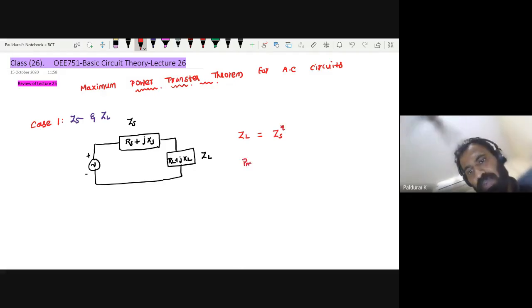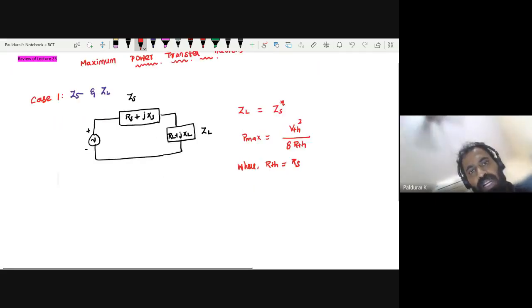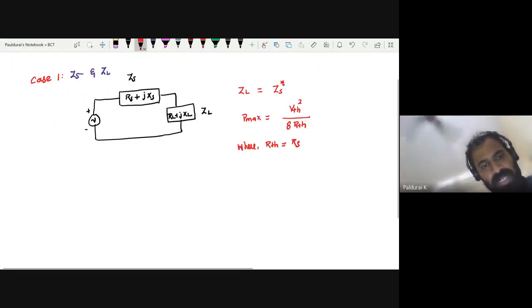The power is given by VTH square divided by 8 times RTH, where RTH equals RS, the real part of the source impedance. This is my case 1 according to unit 3.